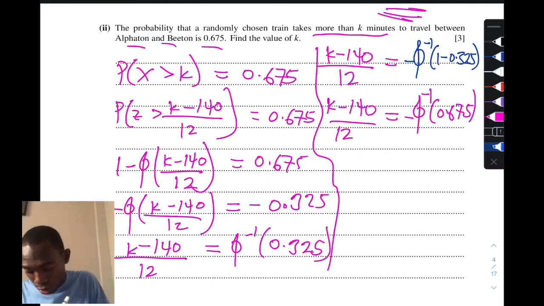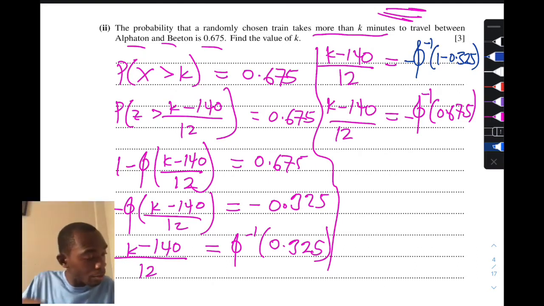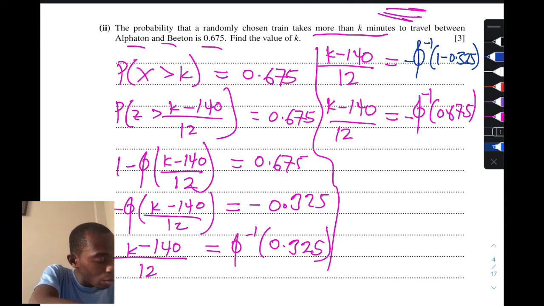So let me do this small calculation here. These things sometimes confuse me a lot, especially reading from the table. I don't like reading from the table. It's 0.675, right? I've seen 0.6736.